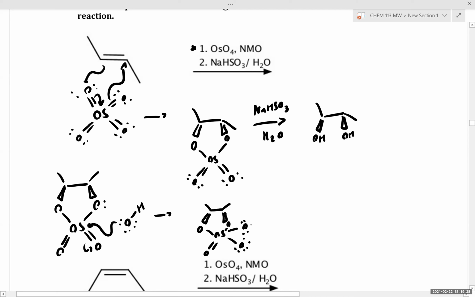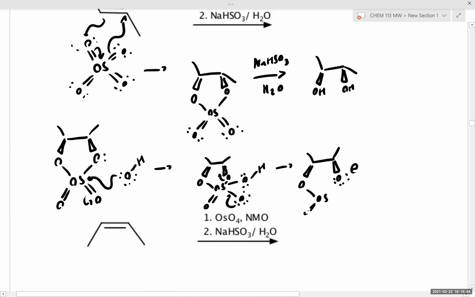And then from there, your intermediate collapses and you kick out your... Okay, so essentially what happens is you're hydrolyzing off your osmate ester sequentially.